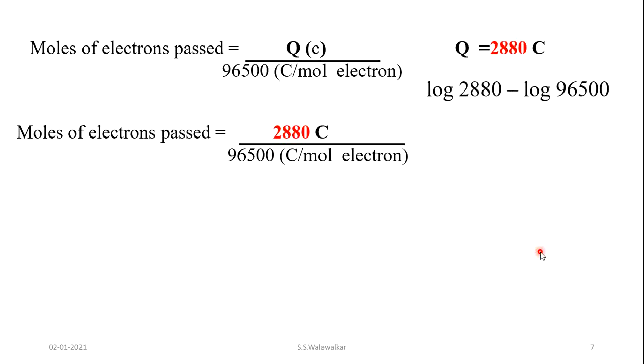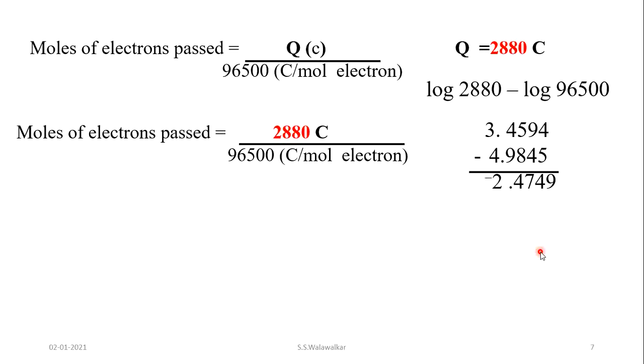That is nothing but log of 2880 minus log of 96,500. Log of 2880 is 3.4594, and log of 96,500 is 4.9845. So subtract this, you will get what?